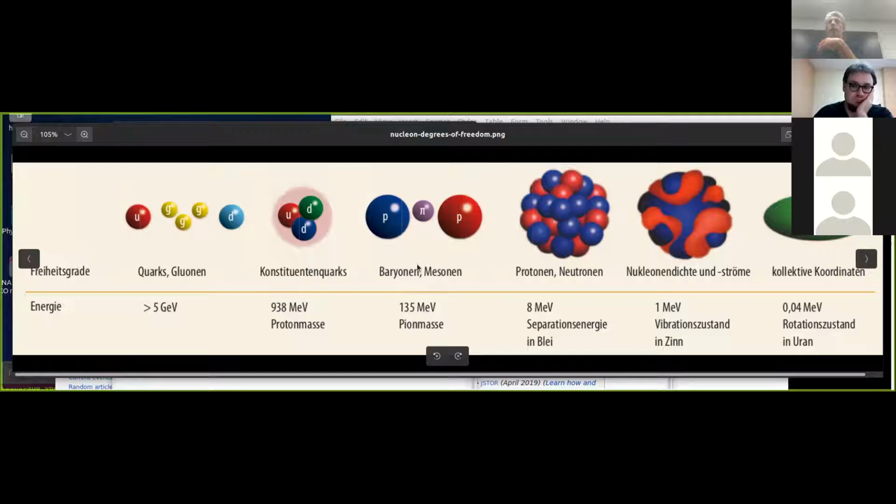And then if I get to even higher energies, if my energy is about that of the mass of the proton, I can resolve even smaller structures, and I can start to see that nucleons are made up of constituent quarks.